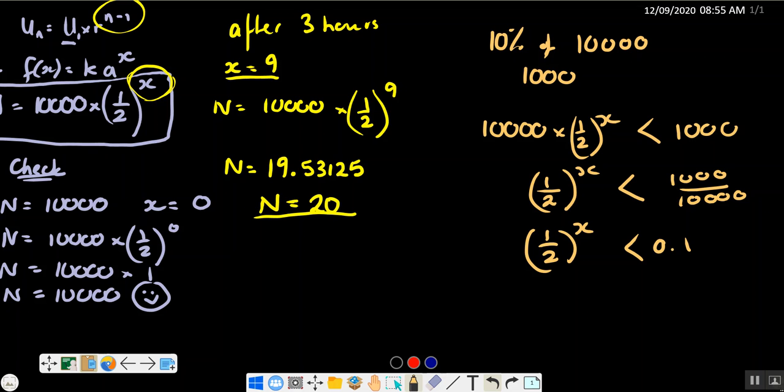So, without having log to the base of half, then what's our method? Trial and error. So we just give it a go. What's a half to the power of 1? 0.5. Put it in.